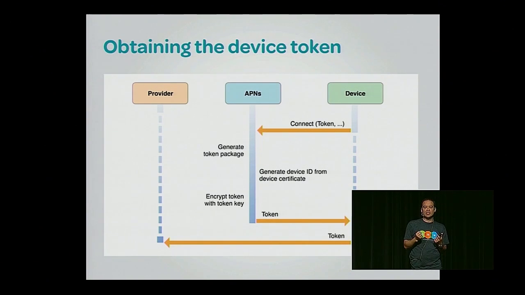Then it needs to send it back to your service so that you can keep track of the devices and be able to send them messages. That's a little bit of a complicated part, and this diagram covers how that happens. So it's the device that negotiates that token, but then independently, it has to send that token back to you so that you can address that device directly.